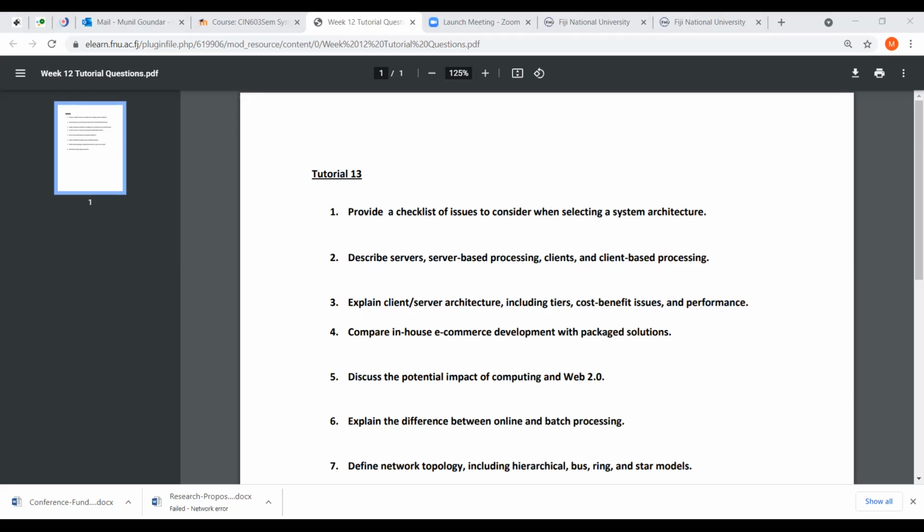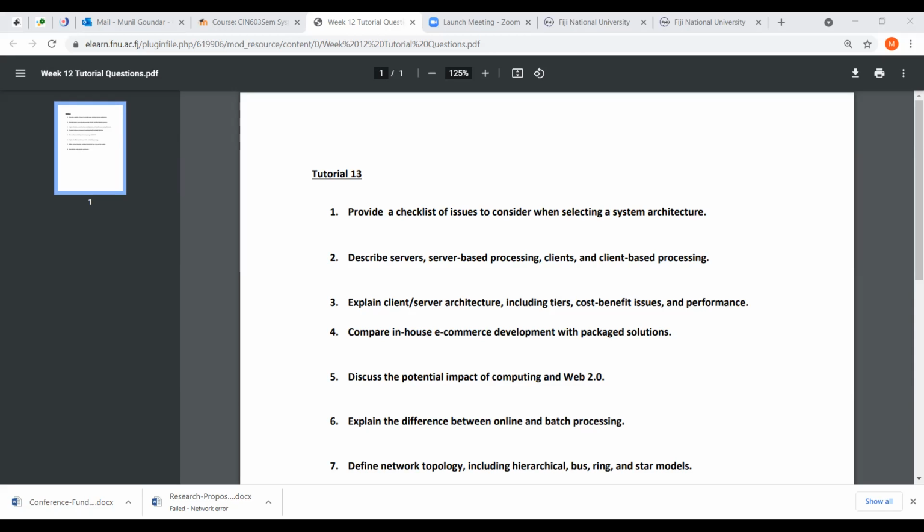After that is processing options. Next up is security issues.